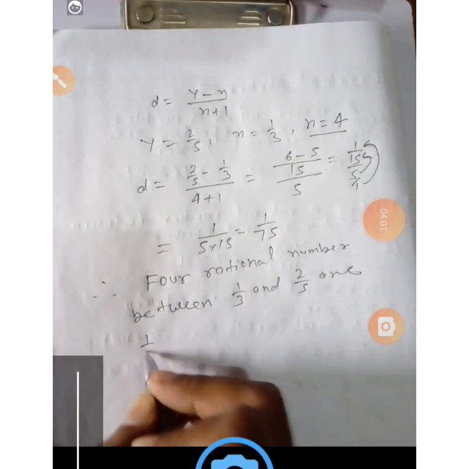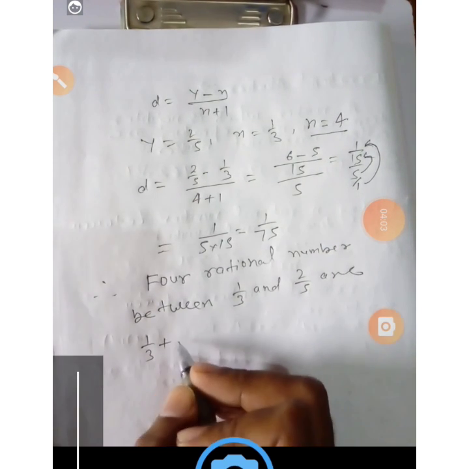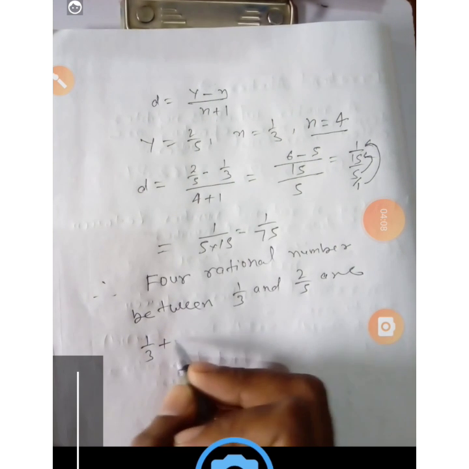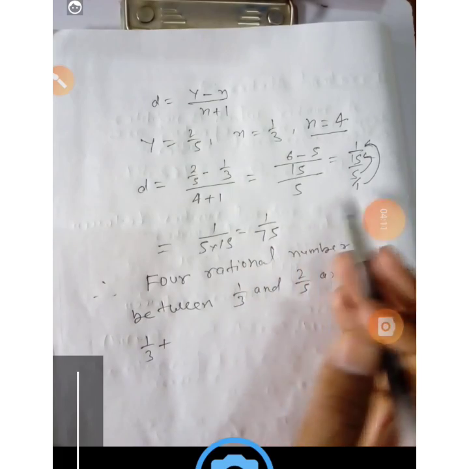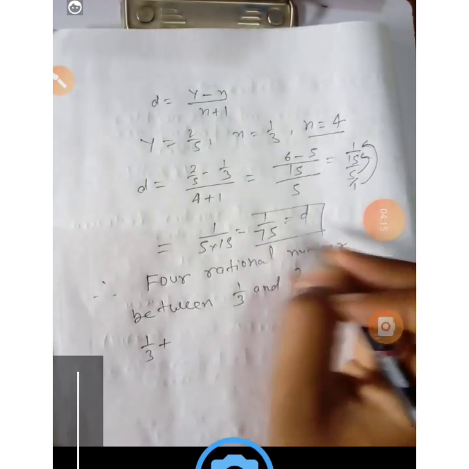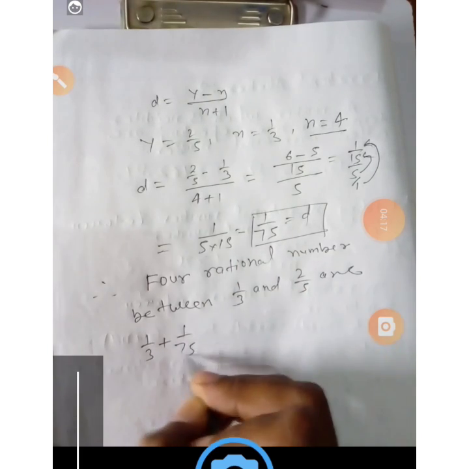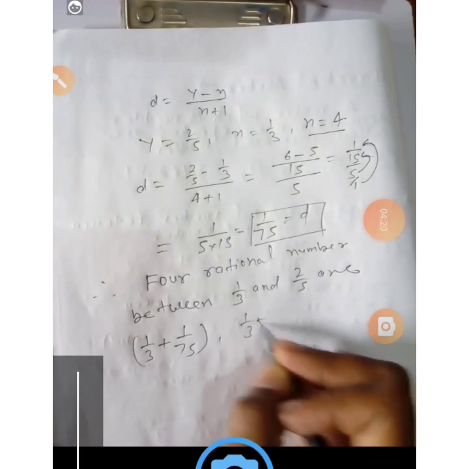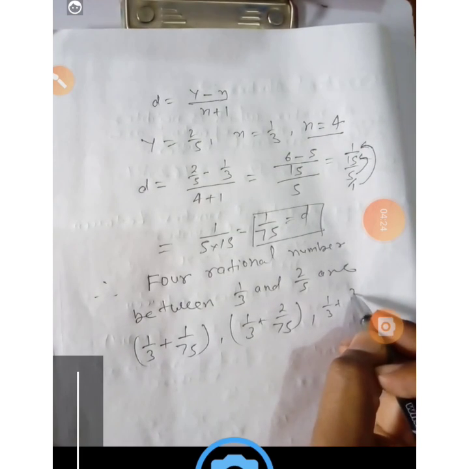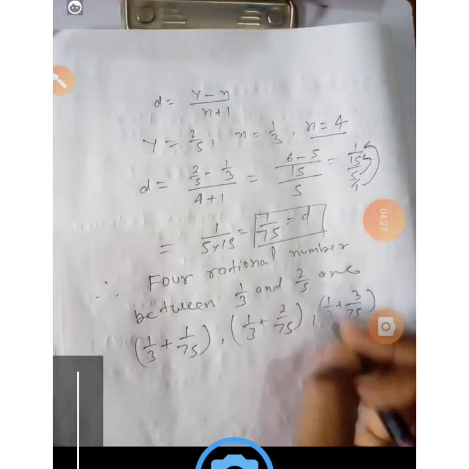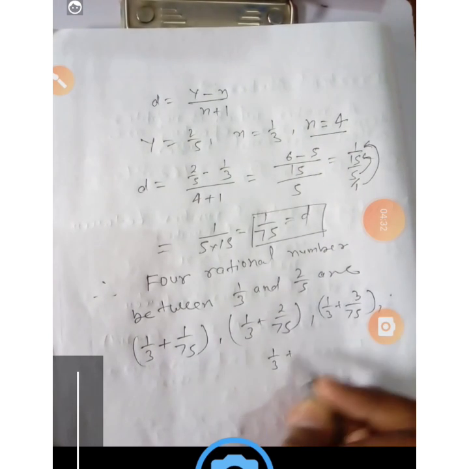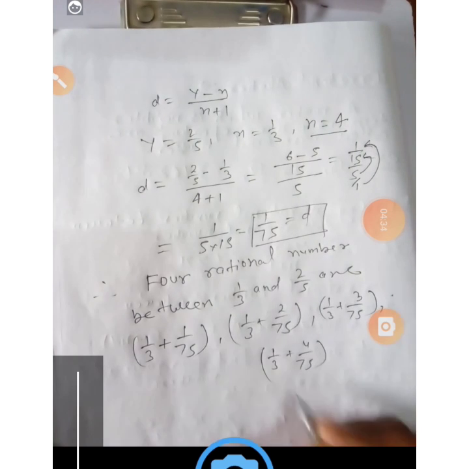We take the smaller number and then we add D, and the value of D is 1 by 75. So 1 by 3 plus 1 by 75, at the next step 1 by 3 plus 2 by 75, and the next step 1 by 3 plus 3 by 75, and the next step 1 by 3 plus 4 by 75.